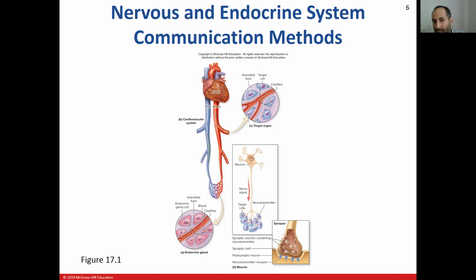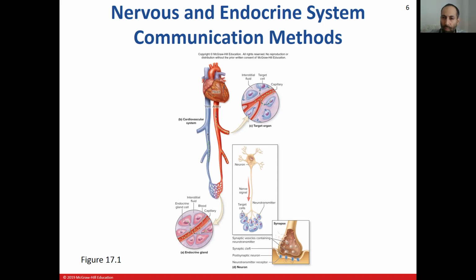So nerves communicate by means of electricity, endocrine glands communicate by means of chemicals called hormones, okay? Nerves also carry their signals to specific points, right? For example, a given skeletal muscle nerve will only stimulate a skeletal muscle in your arm or something. But the endocrine hormones have wide-reaching impacts in your body.